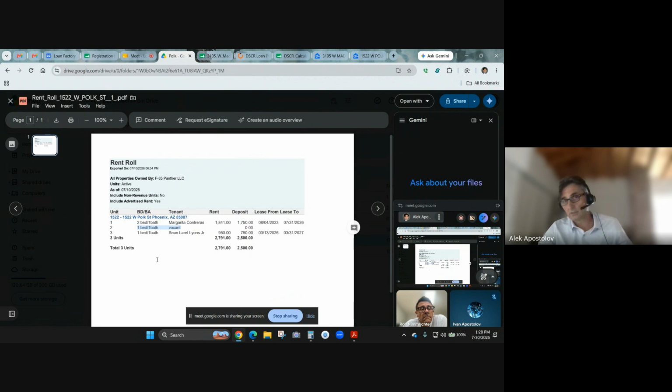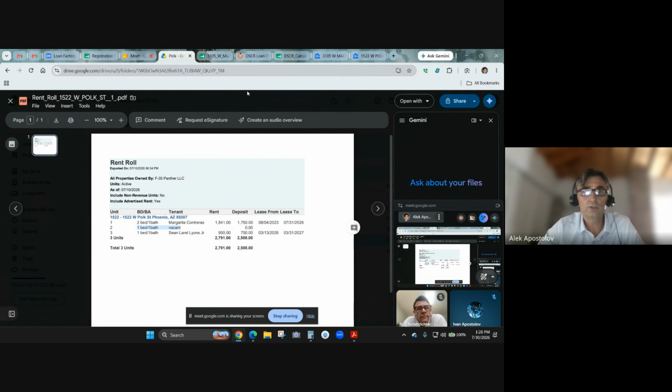They will check the condition of it. It doesn't necessarily have to be the same as the other unit. If this unit is in a better condition, if it has been recently renovated, we may be able to get more for this unit. But as lenders, we will go with the value that the appraiser gives us. So we will add that to this monthly rent roll.